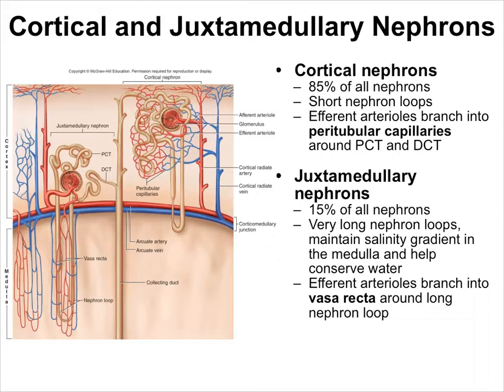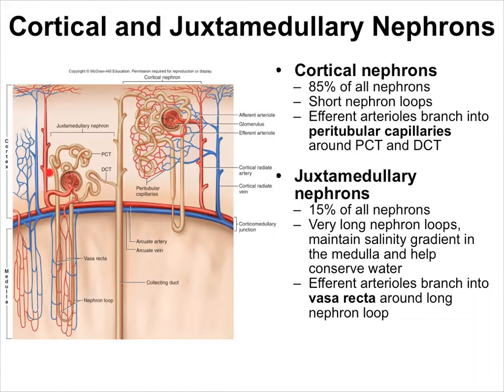And your efferent arteriole, which you can see exiting here, branches into a whole bunch of peritubular capillaries that surround the proximal and distal convoluted tubules. Cortical nephrons typically produce dilute urine.